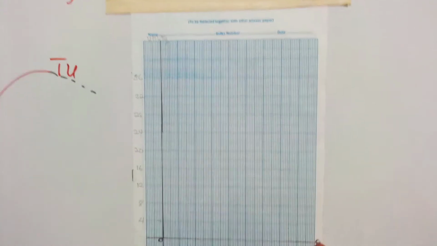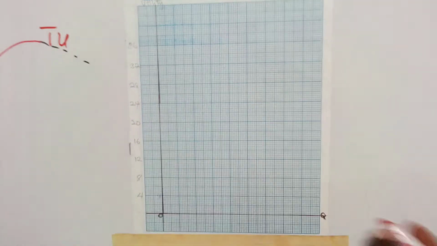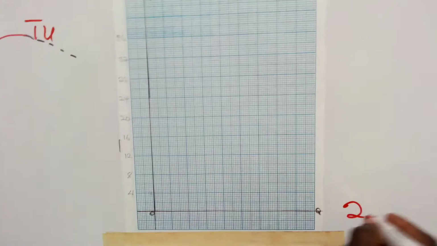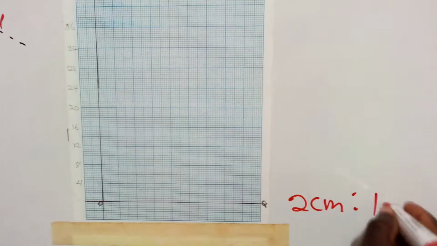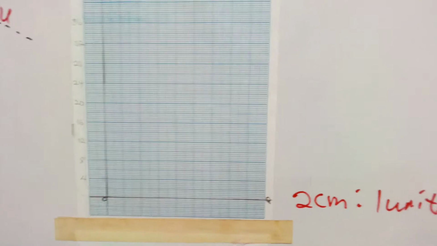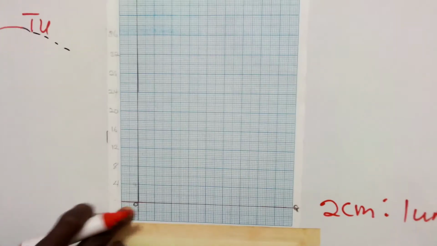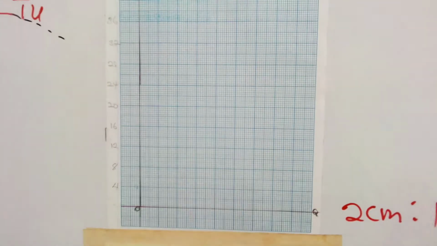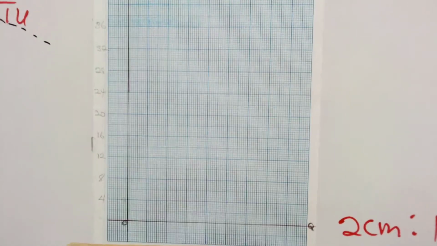On the quantity axis, we have the quantity down here, and we are going to choose a scale of 2 centimeters to 1 unit. So we have our origin here, the 0 point there. Now we need to begin our plotting.